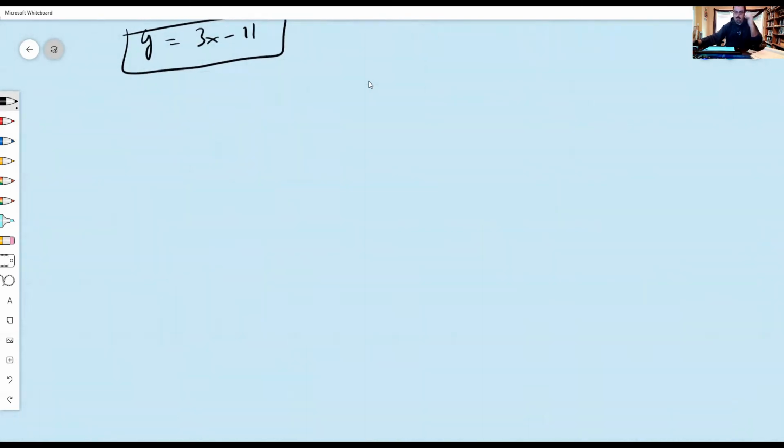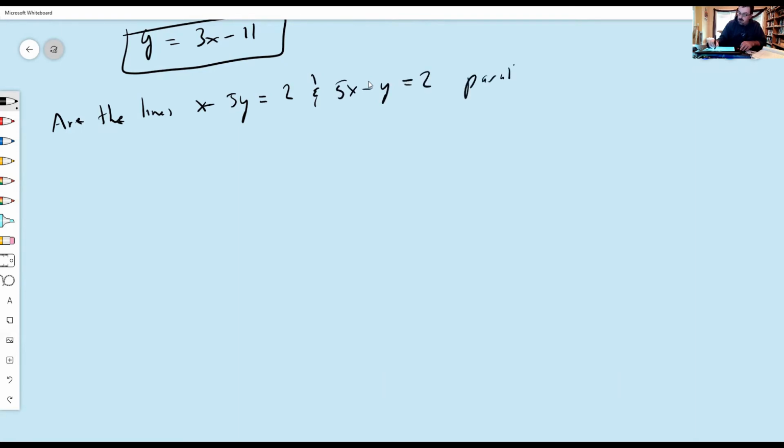Another type of problem you could get would be: are the lines x minus 5y equals 2 and 5x minus y equal to 2 parallel? Well, all we got to do is put them into slope-intercept form, y equals mx plus b, and compare their slopes.